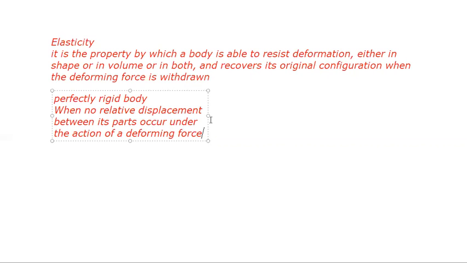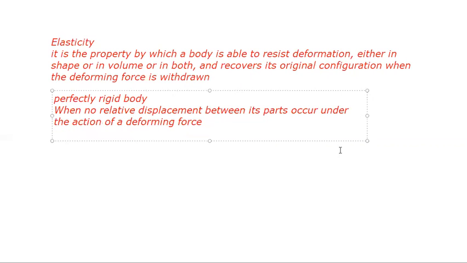For example, take your pen. When you apply a force to that pen, suppose you try to stretch the pen, right? The pen does not deform, meaning there is no change in its shape or volume, which means there is no relative displacement between its parts.